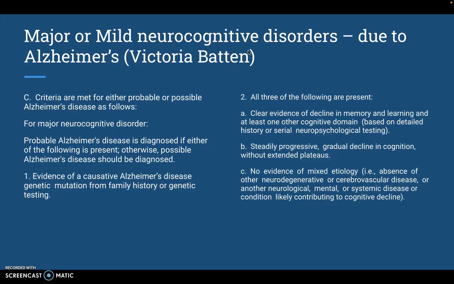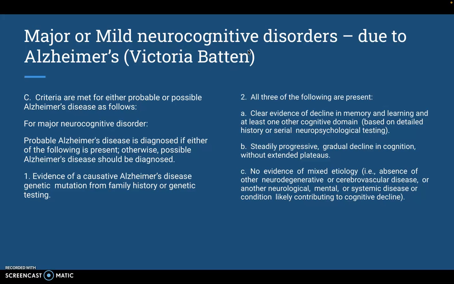The second one is steady, progressive, gradual decline in cognition without extended plateaus. So continuing to decline without long breaks where you're not making any declines. And then the third one is no evidence of mixed etiology, so no other diseases that could really explain the decline.